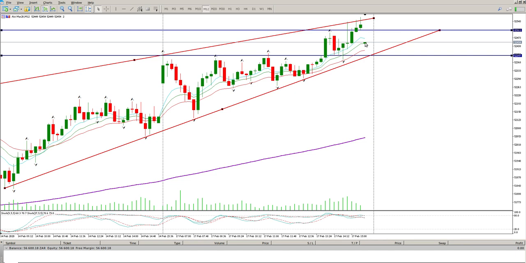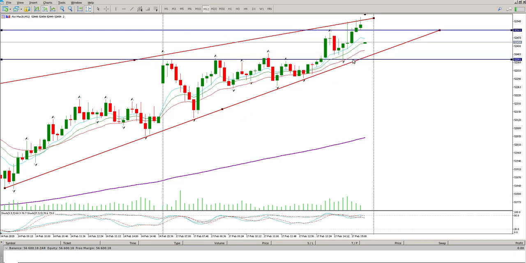Let's say the opening bar happens where this nonsense bar is at the moment, and then I'm looking for structure. If structure forms here, then that should give us the second attempt at breaking the wedge. But ultimately, we need to get below this fractal here, and that level is 52,300. So we need to get below 52,300, and that would trigger the wedge.